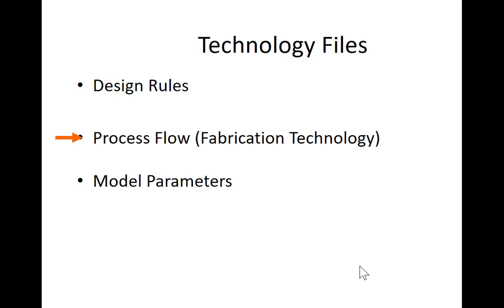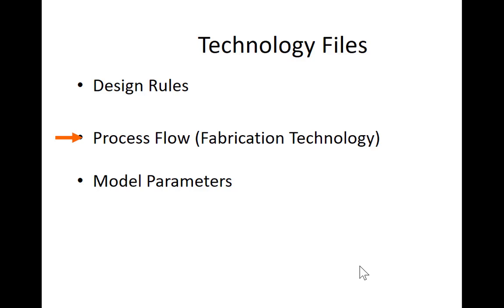Same thing about a process. Also, if you put a bunch of ingredients together, you want to make chocolate chip cookies, but you put raisins in, you wouldn't expect to see chocolate chips in that cookie. So you have to know what the process flow is to know what you can make and can't make and do and can't do in a given process.